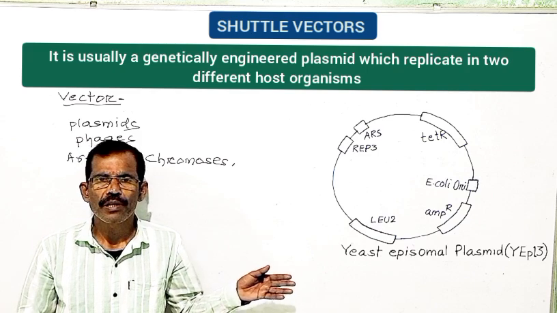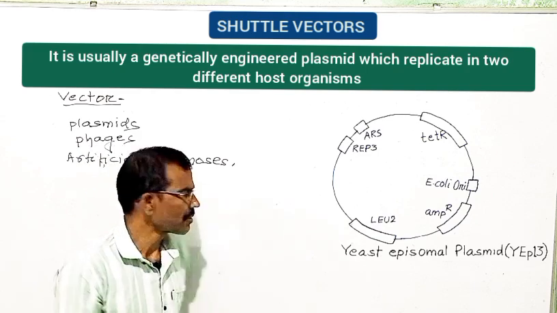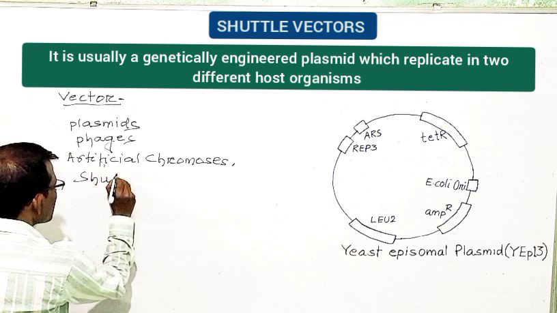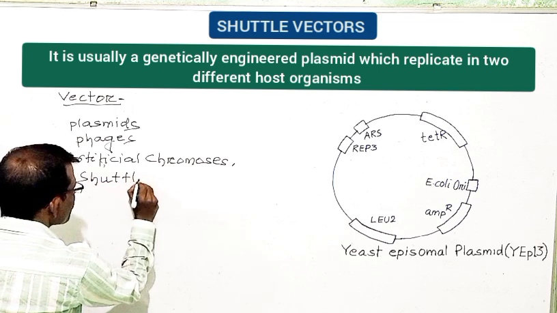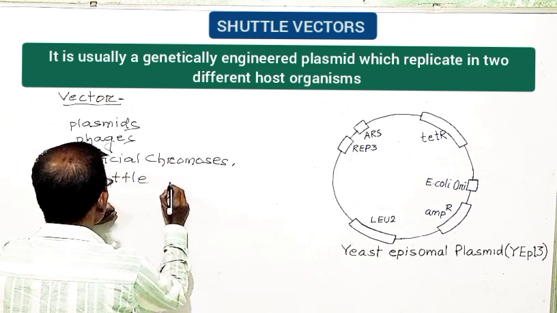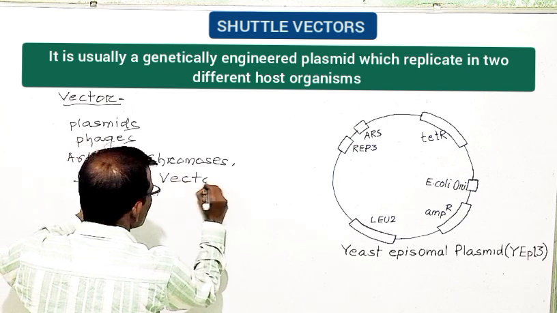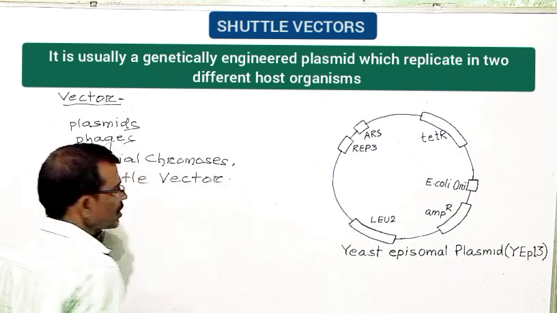Now the question is, what are shuttle vectors? A shuttle vector is usually a genetically engineered plasmid which can replicate in two different host species such as E. coli and yeast.